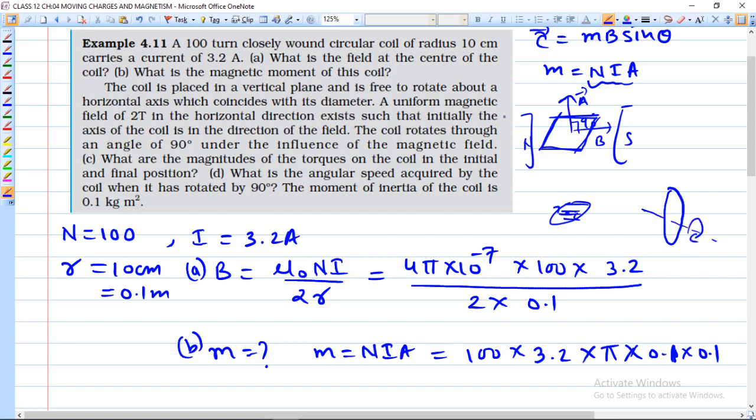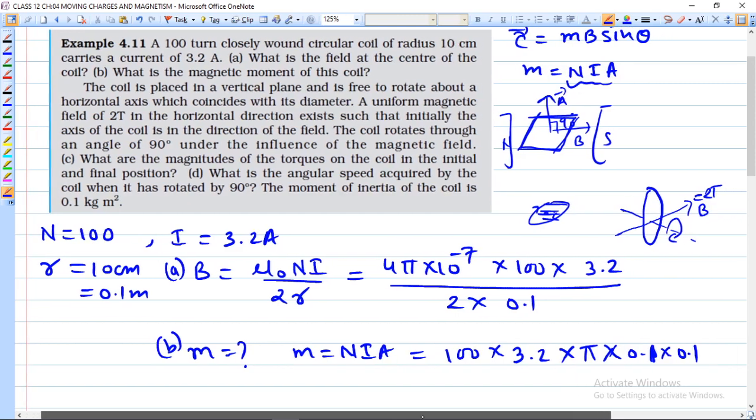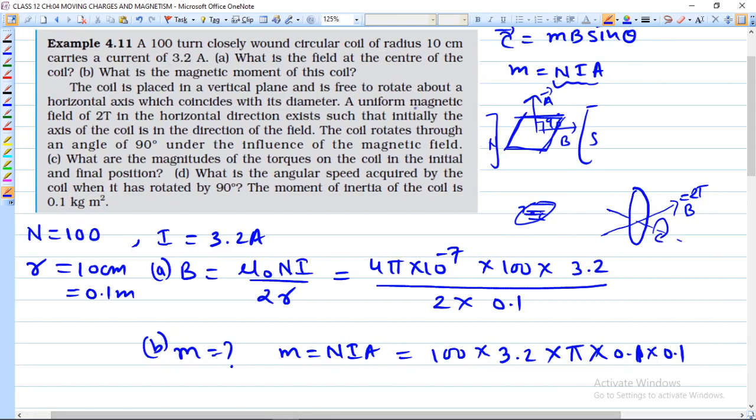A uniform magnetic field of 2 Tesla in horizontal direction exists, like this, such that initially the axis of the coil is in the direction of the field.